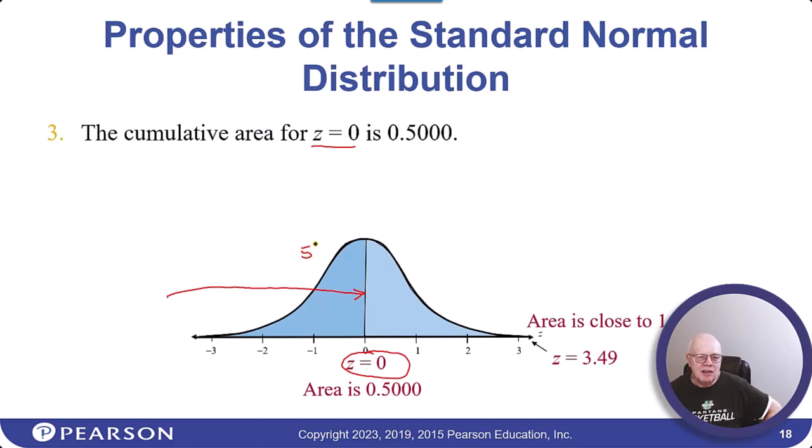So this left side encompasses 50% and the right side has 50%. Remember, the total area is 1 for the entire area under the normal curve. If you only go to 0.5, it's going to have half of that one area.